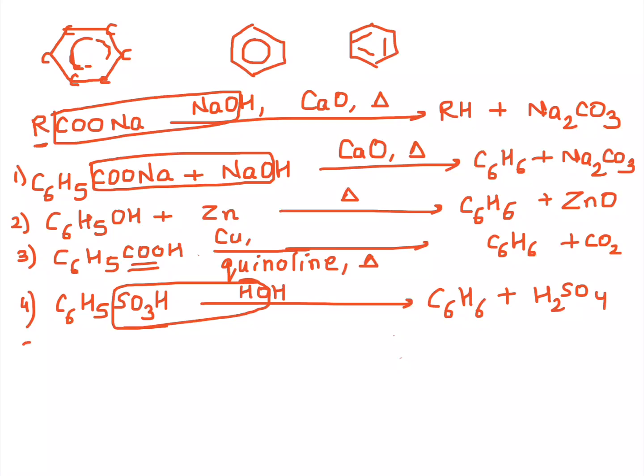Diazotization is a very, very important reaction which you will be doing in the laboratory also as part of your organic chemistry study. So diazotization means converting the NH2 group into the diazo group, C6H5N2 positive. I will elaborate on this later.